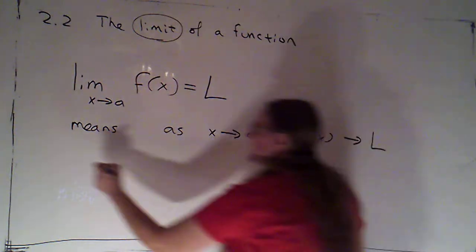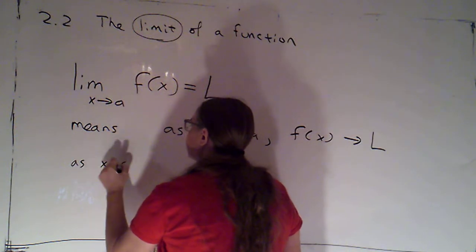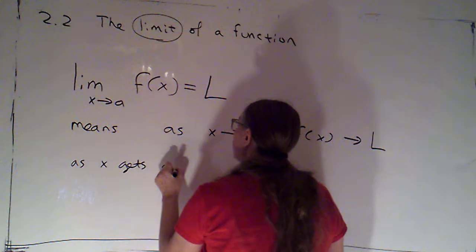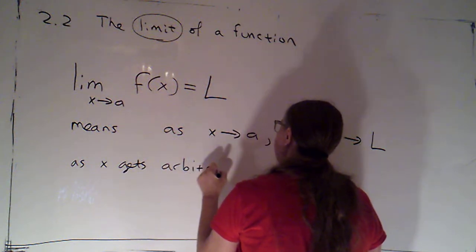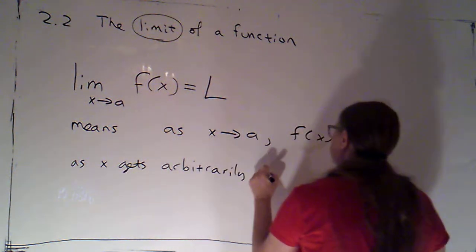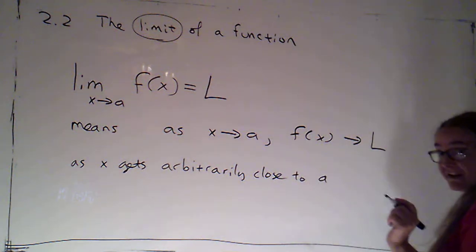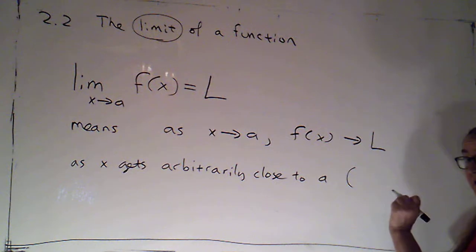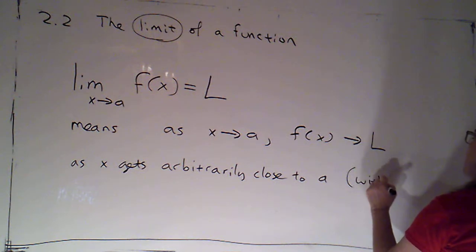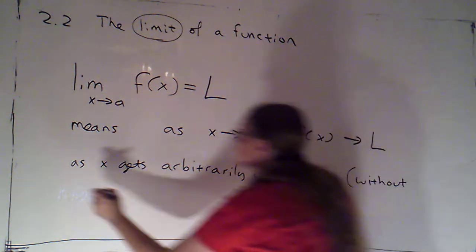Now I could write this out in words. As x gets arbitrarily close to a, and there's an important caveat here. Arbitrarily close to a without necessarily equaling a.